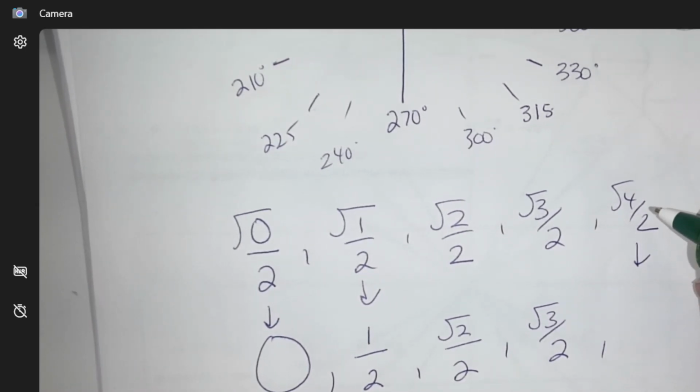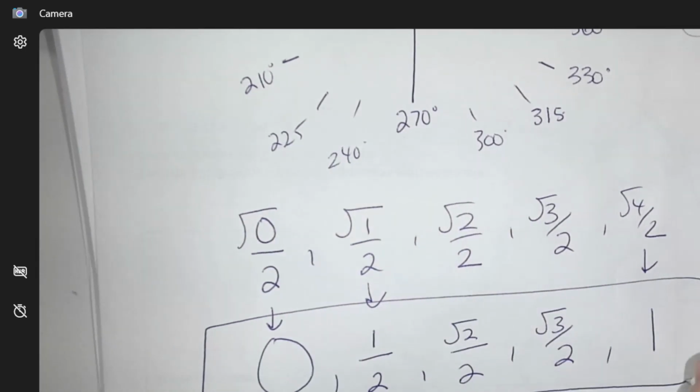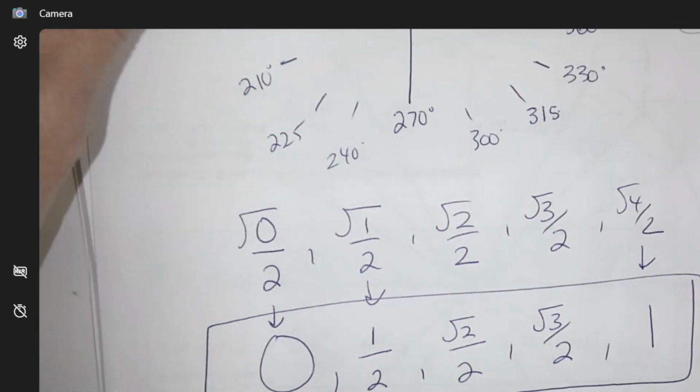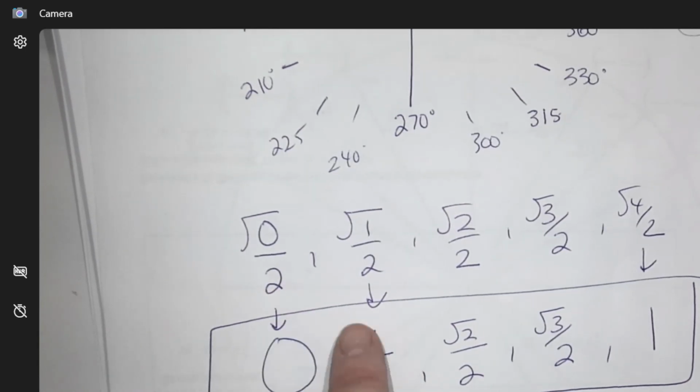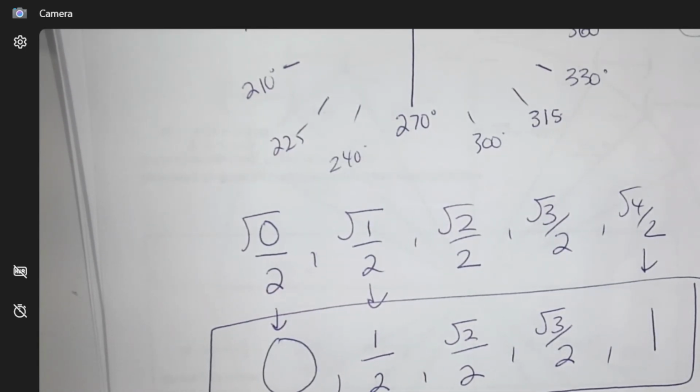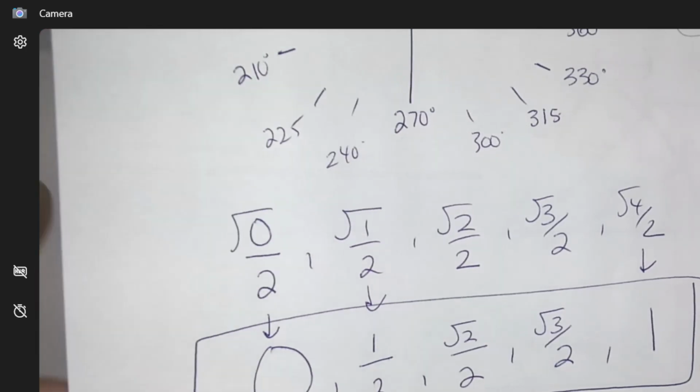What is the square root of 4? 2. 2 divided by 2 is 1. Okay, this is already on your paper, but this is where it came from. That was the pattern. I simplified 3 things in my pattern. Okay, so these are all the coordinates.